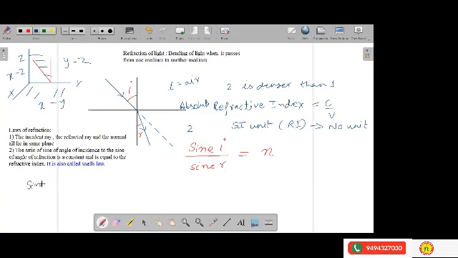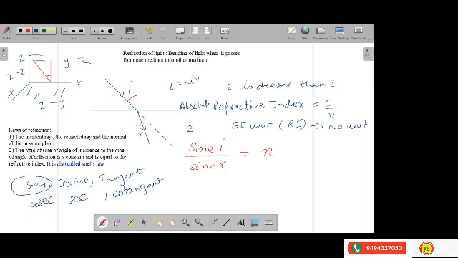There are 6 trigonometric ratios, namely sine, cos or cosine, tangent or tan, cosec or cosecant, sec or secant, and cotangent or cot. These are the 6 trigonometric ratios which you will study in trigonometry. Out of that, we are talking of the trigonometric ratio sine.